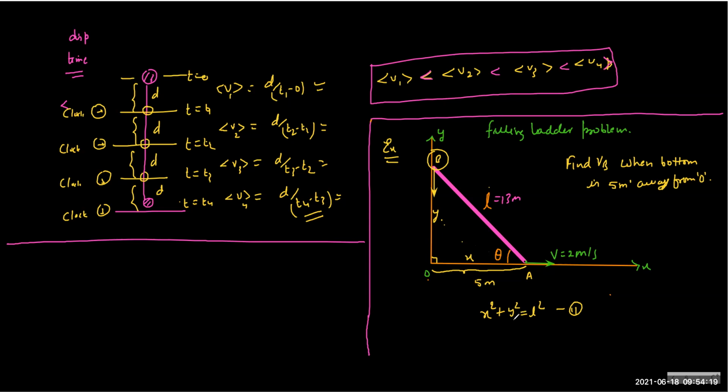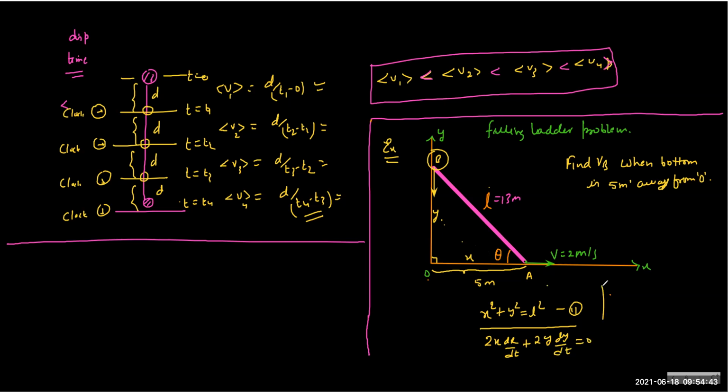You write the relation between the variables and knowns, and then you differentiate this with time. If you differentiate with time, what will you get? 2x into dx by dt, right? Chain rule. Then 2y into dy by dt.